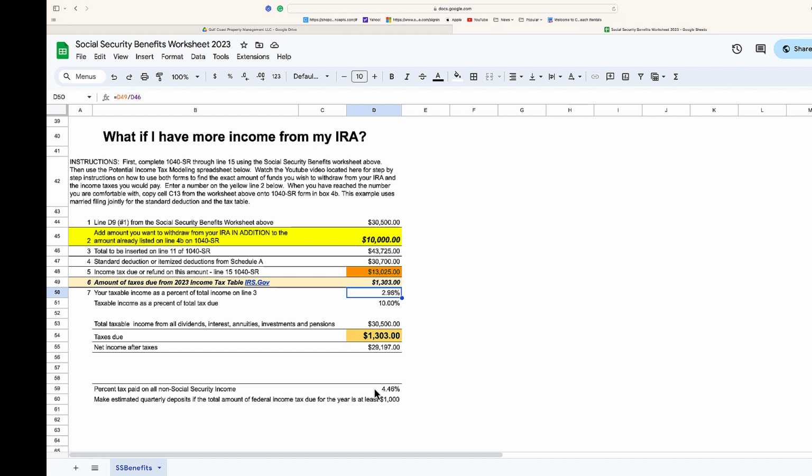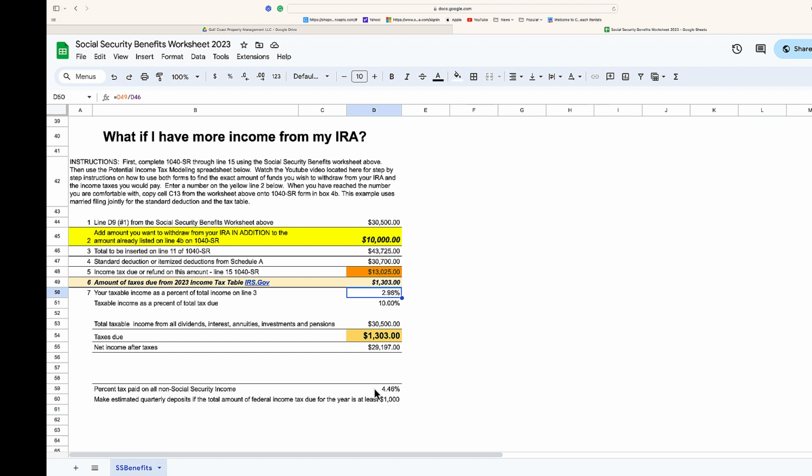Well, what ends up happening is you will end up paying taxes essentially on everything because the gross amount starts to grow as you start taking out more money, which means that the tax amount that you pay on everything is just a little bit higher, but you want to stay in that 10% tax bracket or the 12% tax bracket, and this gives you an idea.